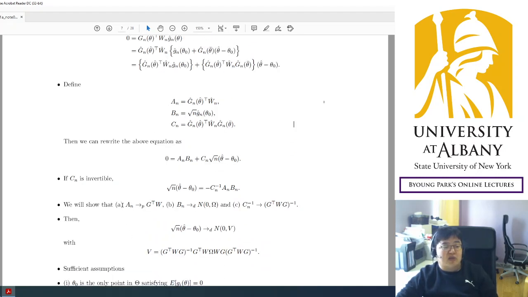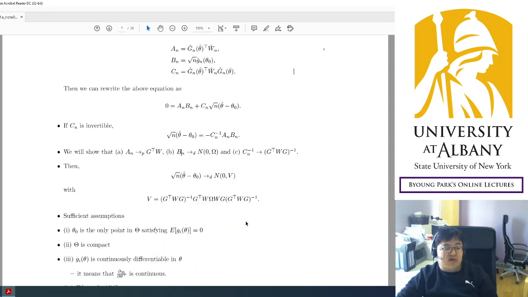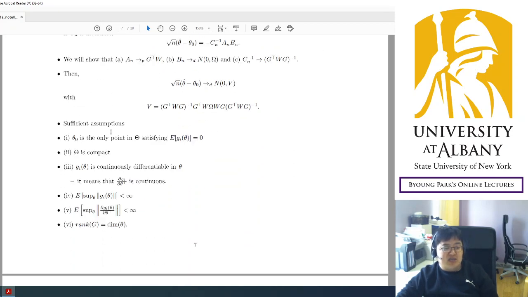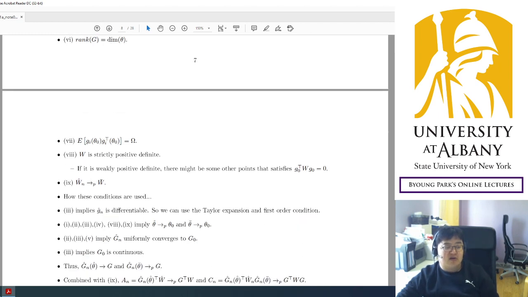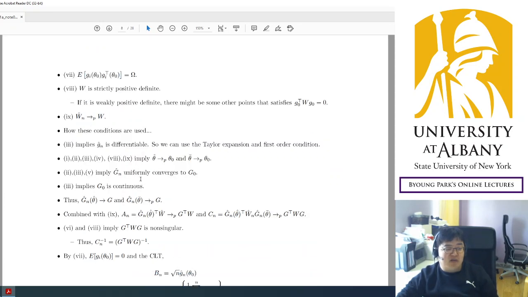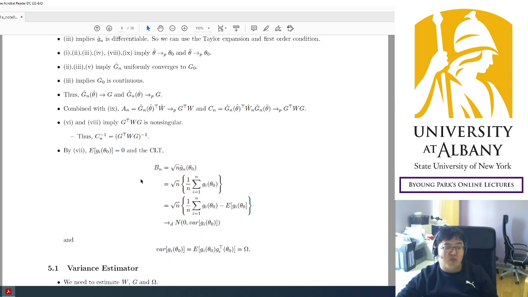Okay, so let's think about the conditions. These are sufficient conditions. I list the sufficient conditions here, and apply the same ideas. I'm not going to explain more. Just the same thing. Everything is the same.